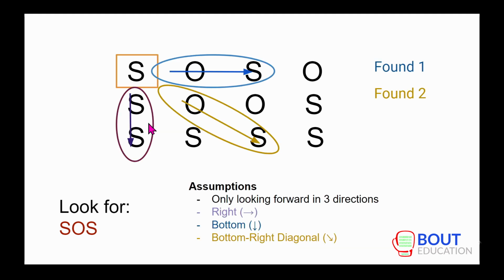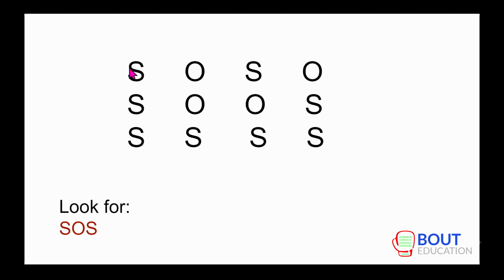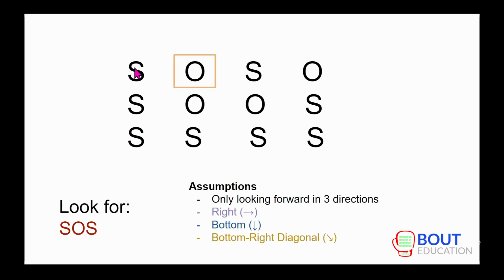In the bottom, SSS is not equal to SOS, so we don't count that. And once we're done with a certain starting position right here, we're going to move on to the next one. The next one in the list is the O. Now, as you can see here, the O is not equal to S, which is the first letter we're looking for.